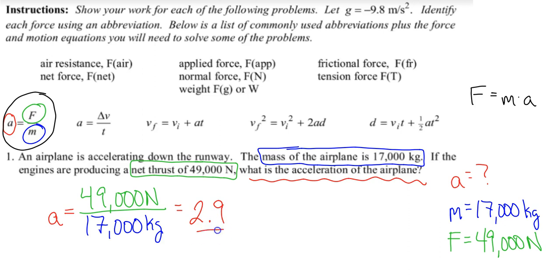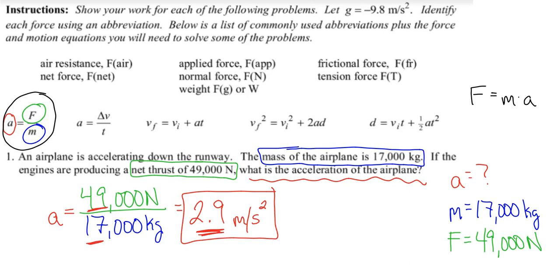Using significant figures, I have two significant figures, so 2.9 meters per second squared. And that's it. It's as simple as that for number 1. Make it nice and easy to start off with.